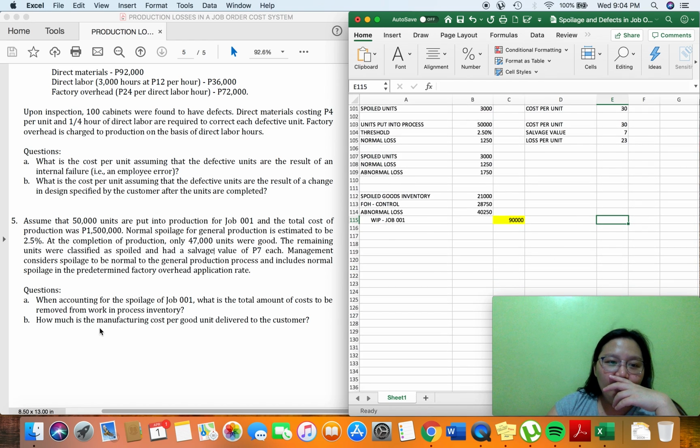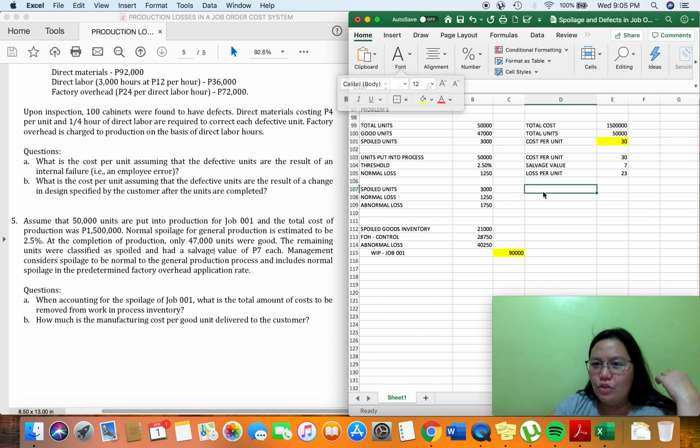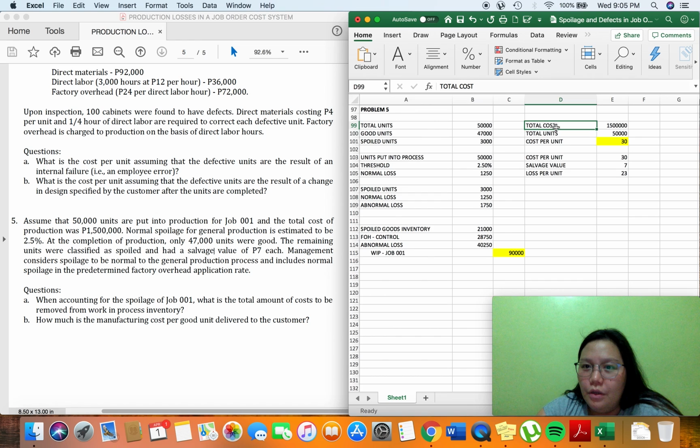And then, next, how much is the manufacturing cost per good unit delivered to the customer? So, the manufacturing cost per good unit will remain at 30 pa rin. Diba? So, bakit 30 pa rin? So, pakita ko sa inyo ha. Kasi, diba, we have the total cost, 30 pa rin yung sagot dyan. Okay?